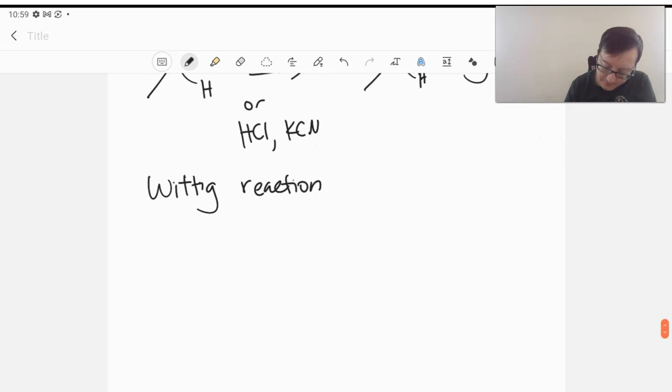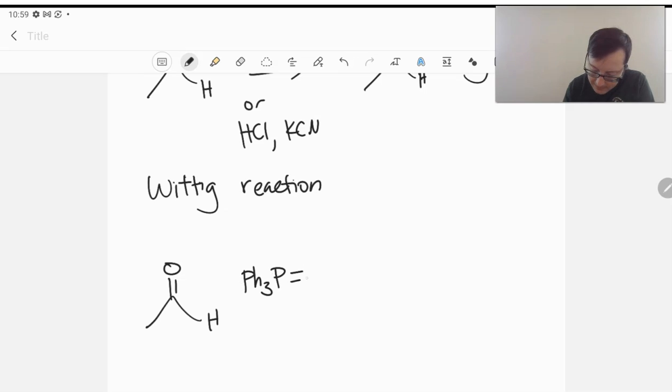What you end up doing is you take your aldehyde or ketone, and you're going to take what's called a phosphonium ylide. I'm going to just put 2 methyl groups on this thing.